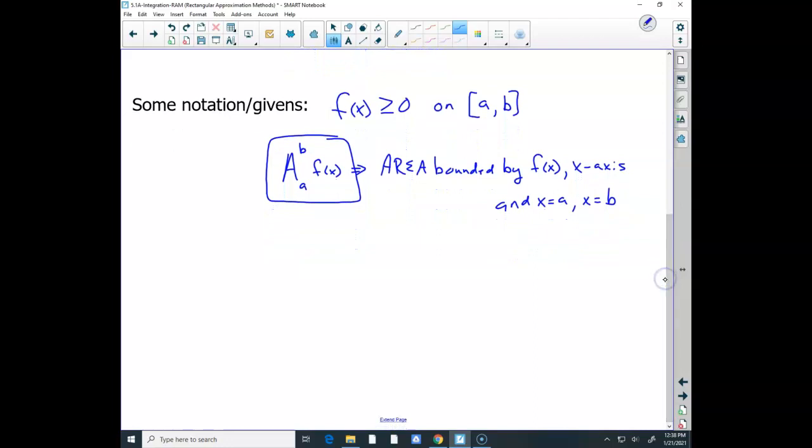And then another notation is we're going to be looking at RAM. Now remember, RAM is the rectangular approximation method, and this little sub n tells you how many rectangles you are making within your interval.